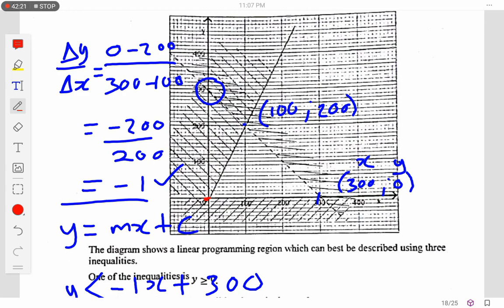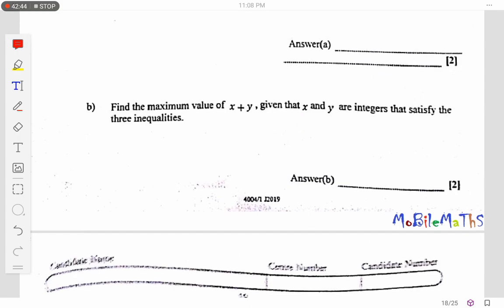Another maximum value that we have is 100 and 199 just below here, and we also have 299 just below here, and a 0. So I have those combinations.